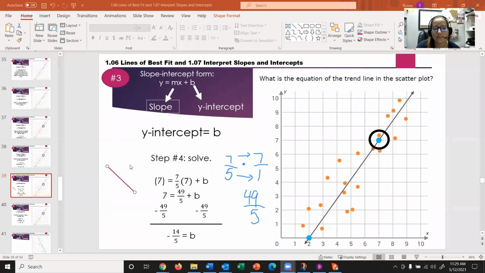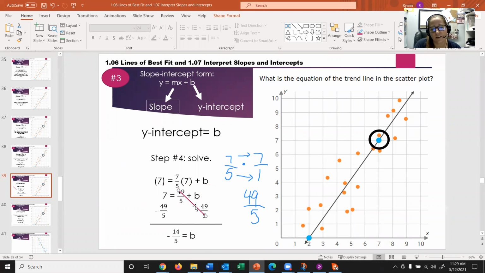Now we have 7 is equal to 49/5 plus b. We want to get 49/5 away from b. And so we're going to subtract, because we have a positive 49/5. So we're going to do the inverse and we're going to subtract.